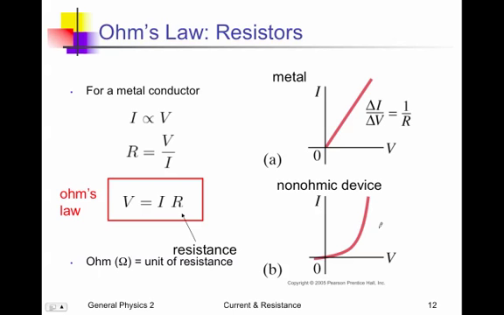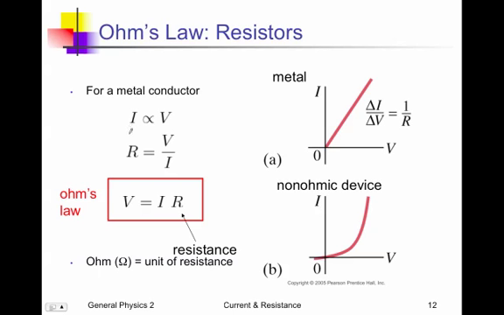Ohm's law is pretty important, because if we know the resistance of a resistor and we know, say, the voltage, then we can calculate the current, and vice versa. If I know the current and the resistance, I can calculate voltage. As long as I know the value of two of these variables, I can solve for the other. That makes it very convenient, and so we can use Ohm's law with resistors.